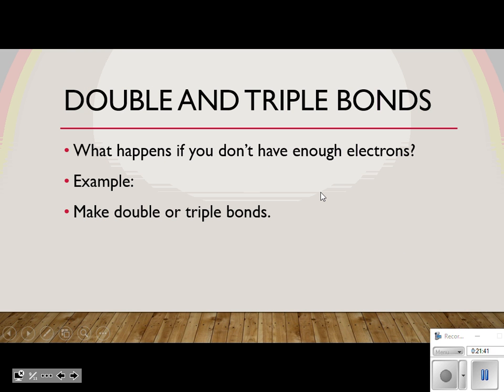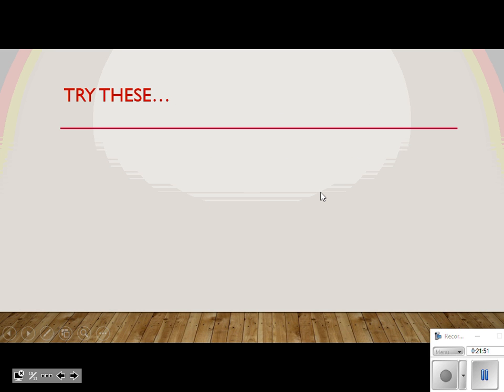Now, what happens? What happens if you don't have enough electrons? We need to make double and triple bonds. Now, obviously, we just did C2H6, right?